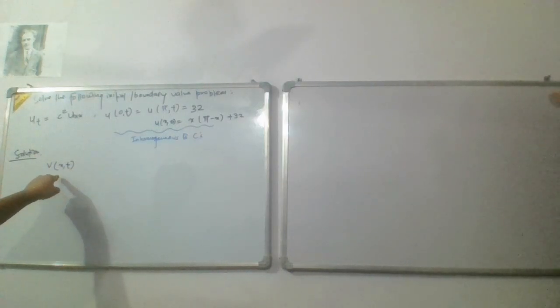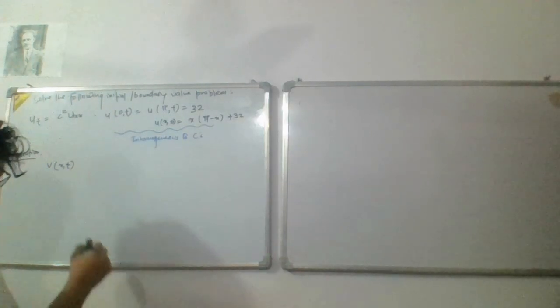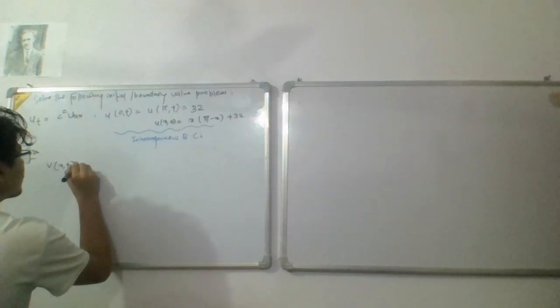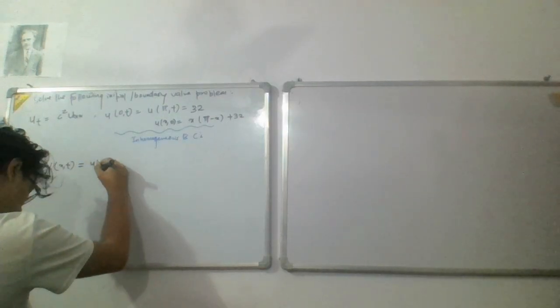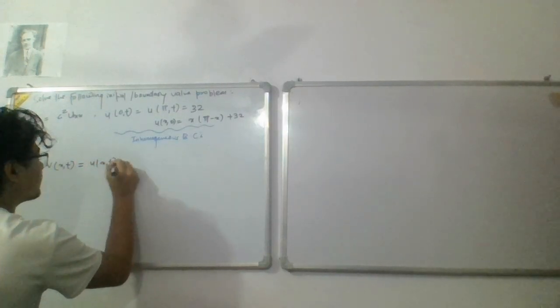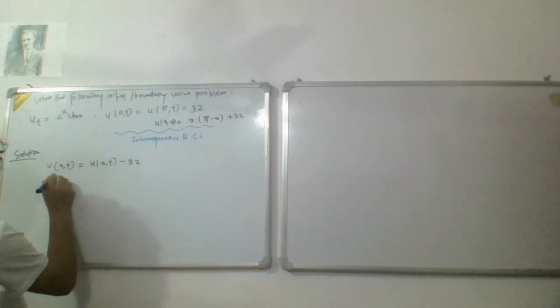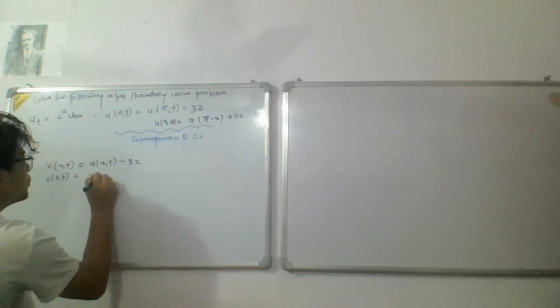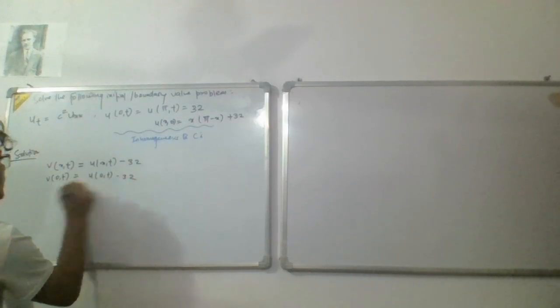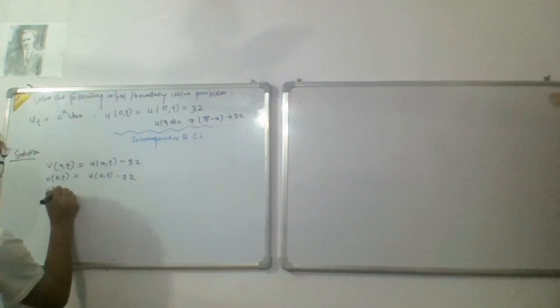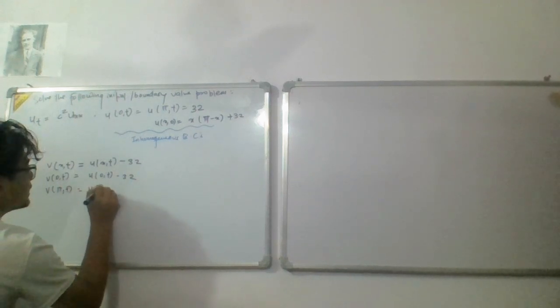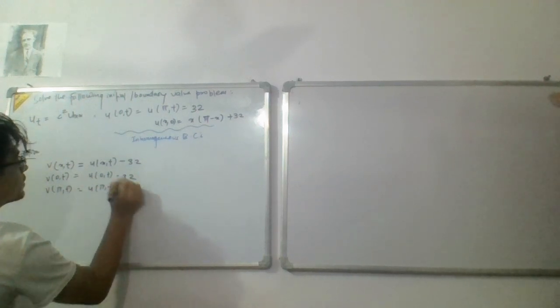So what I said is, in the solution we consider a function v, which is a function with two independent parameters, and this is equal to u of x,t minus 32. That means v of 0,t is now u of 0,t minus 32, and v of pi,t is equal to u of pi,t minus 32.